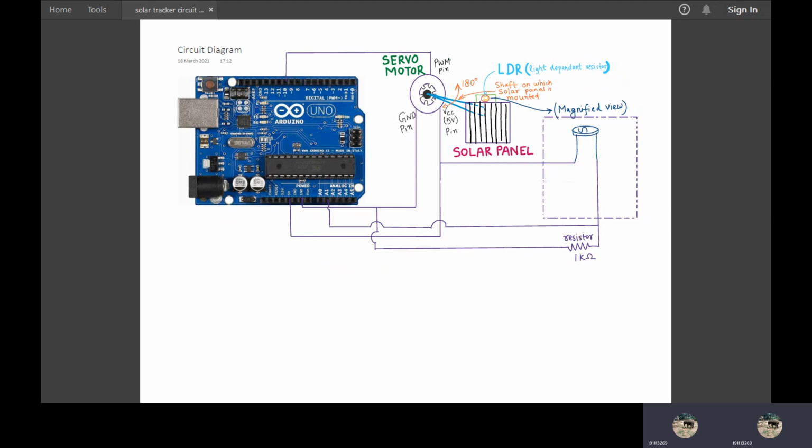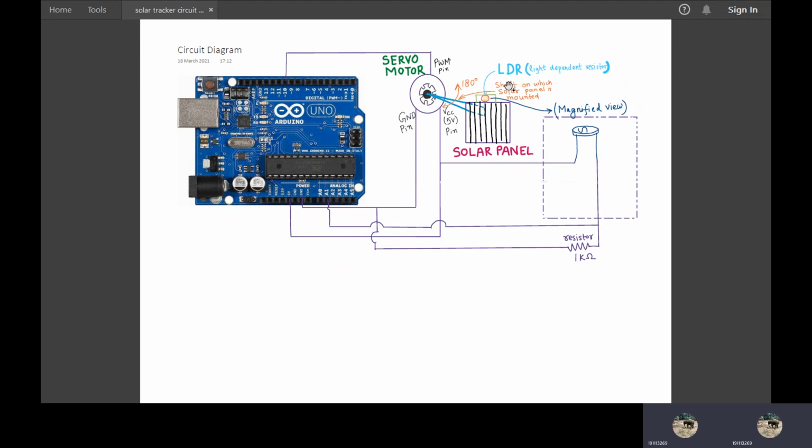And this solar panel adjusts itself using the input of sunlight, which is detected by this LDR, which is mounted above this solar panel.